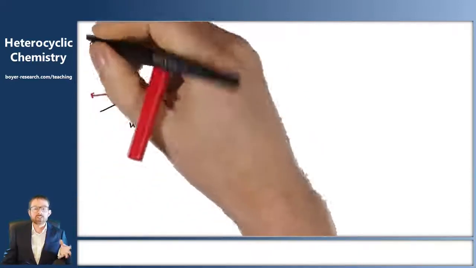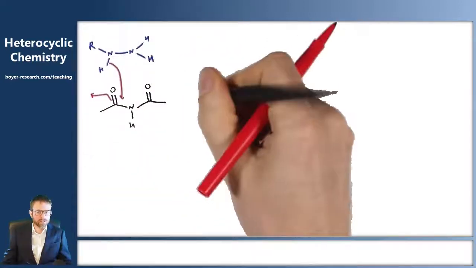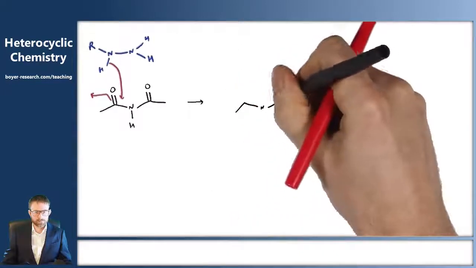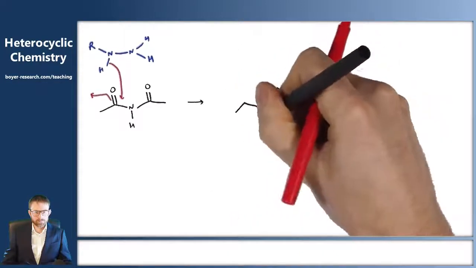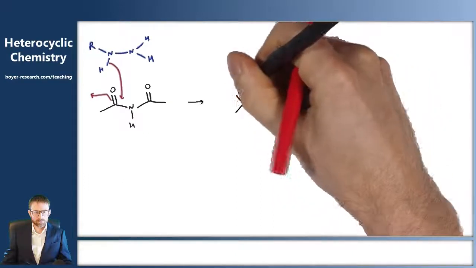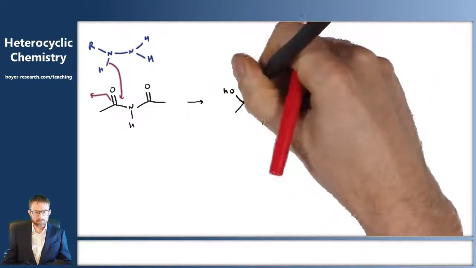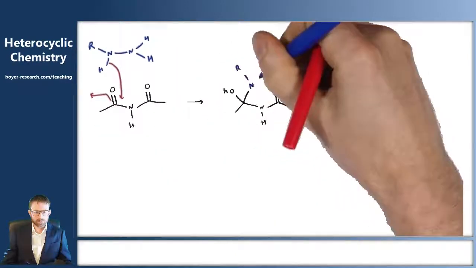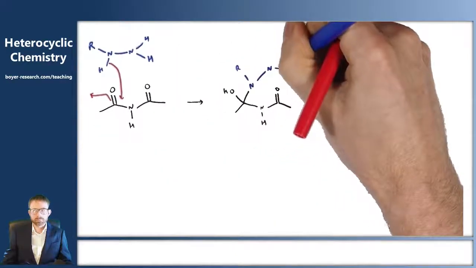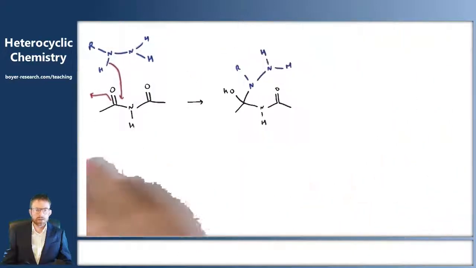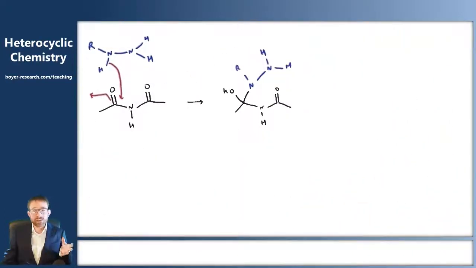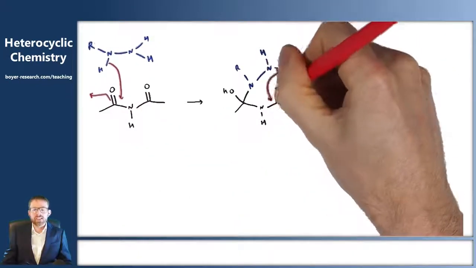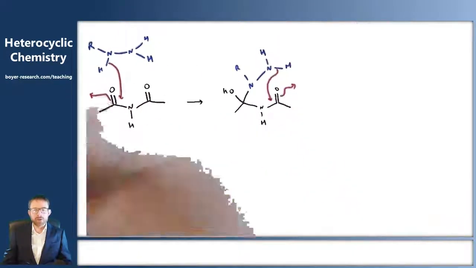That builds the first of the 2 nitrogen-carbon bonds that we need. Then the second nucleophilic nitrogen can attack the second electrophilic carbonyl, and that completes the 5-membered ring part of our synthesis.